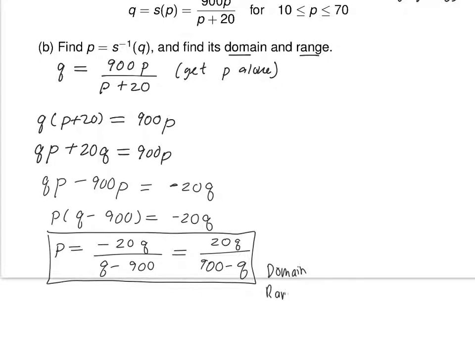And Willow is right that the domain and range of this function we actually found in part A. So what would the domain of this function be? 300 to 700. You switch them, exactly. The range would be 10 to 70. You can think the outputs are your prices, right? The inputs are your quantities.